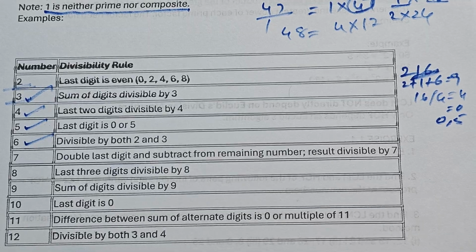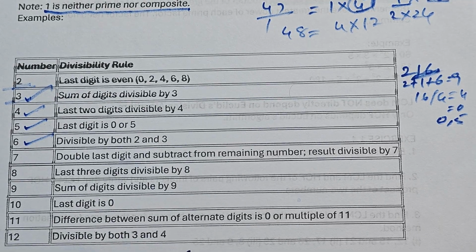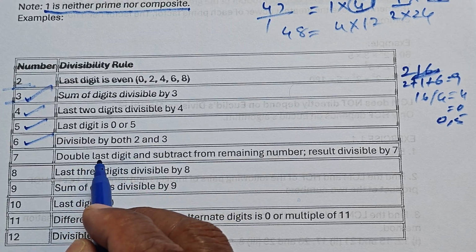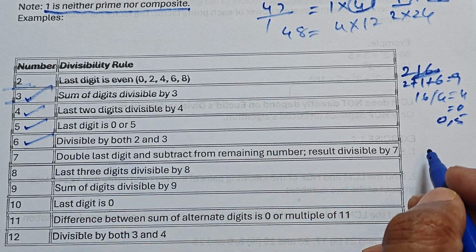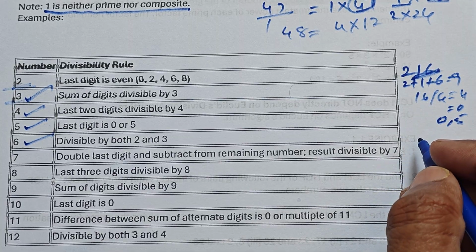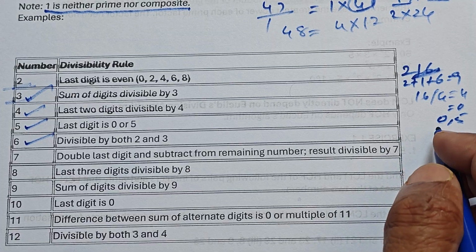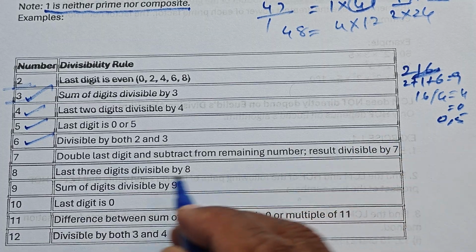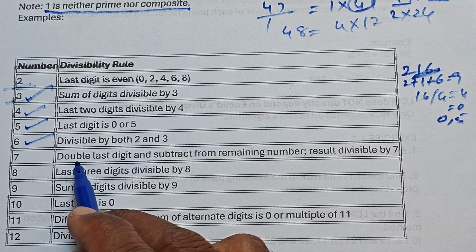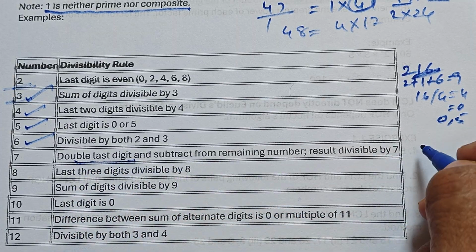Next, for the divisibility check of 7, suppose I want to check whether 216 is divisible by 7 or not. Double the last digit.